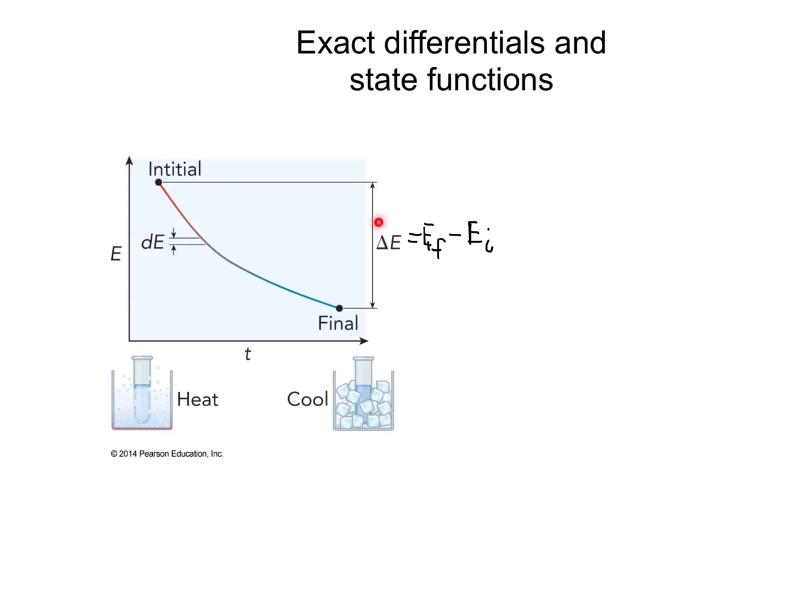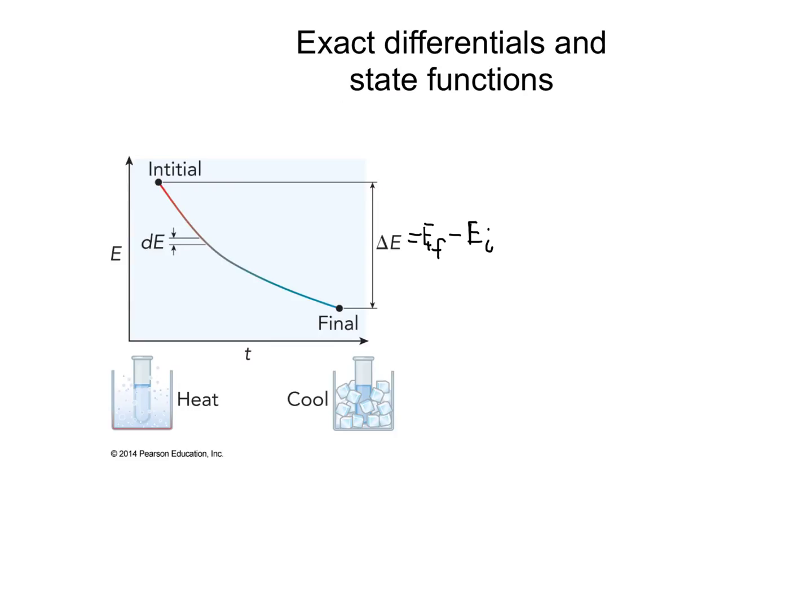This total change in energy is made up of a lot of little incremental changes in the energy. And if I want to talk about the instantaneous change in energy as a function of time, I need to use this incremental change or the differential of the energy.